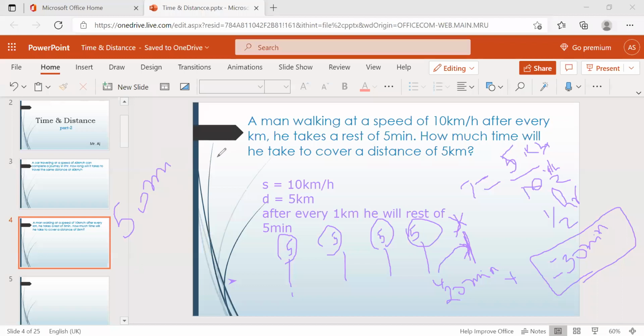Why 50 minutes? Based on the data, he needs only 30 minutes, but every kilometer he takes a rest of 5 minutes, up to 4 kilometers, and next time he will directly reach the destination. So 5 minutes, 4 times, we need to add to this 30. So totally 50 minutes. Okay, guys.